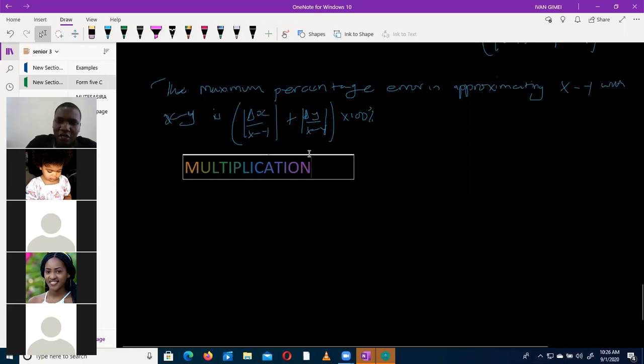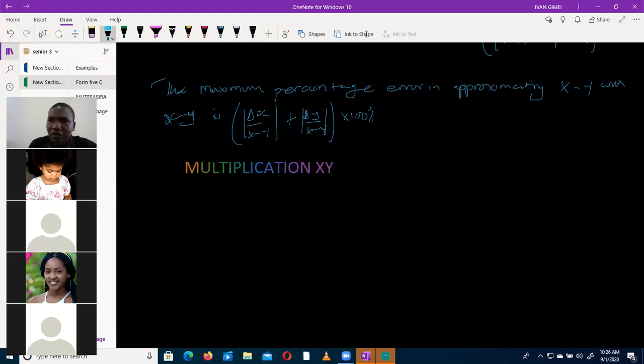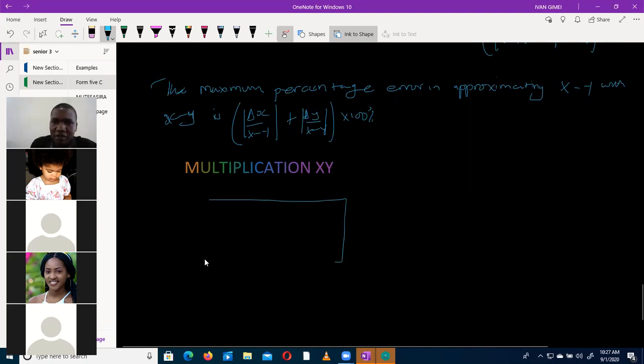This now, when you're dealing with capital X and Y. Maybe you measured the length of, let's say you have a rectangle. Let me get my pen. You have a rectangle like this.